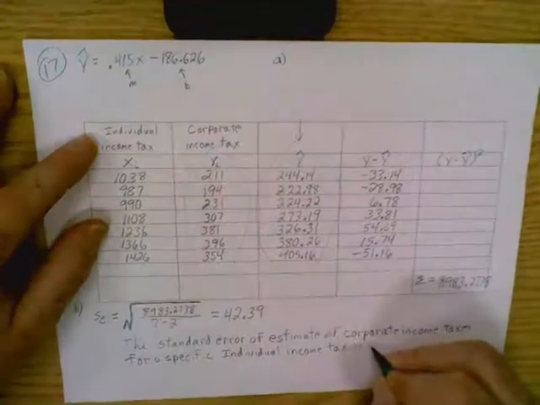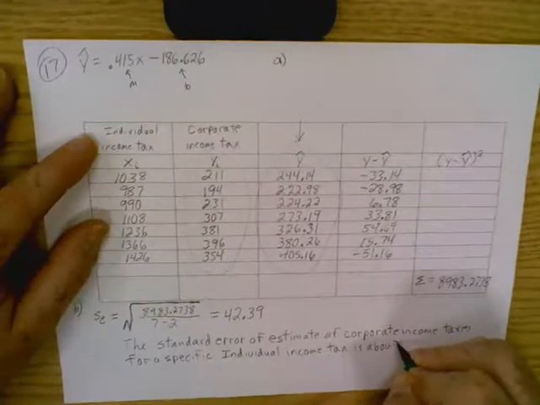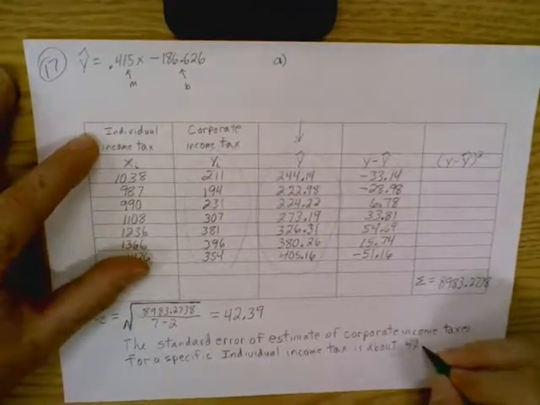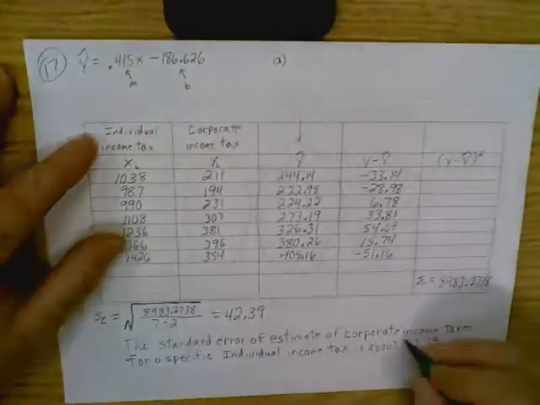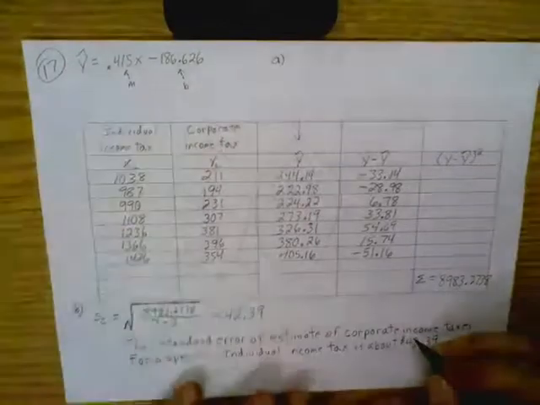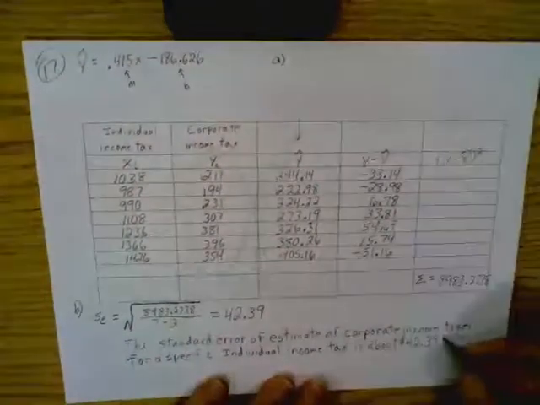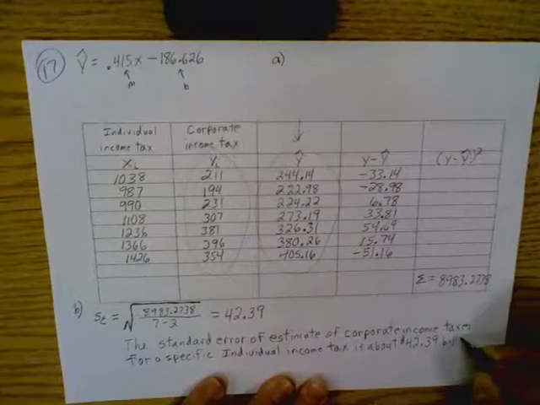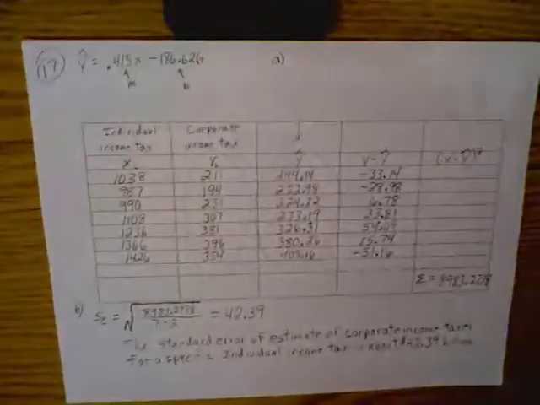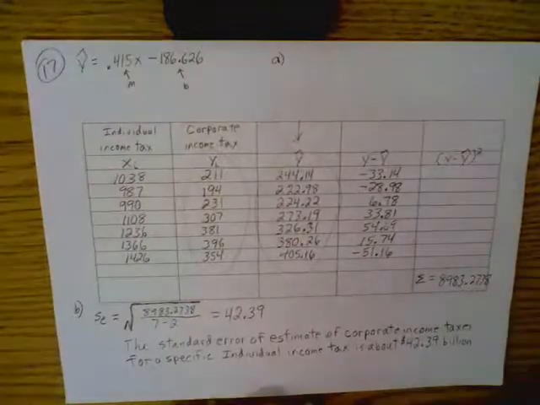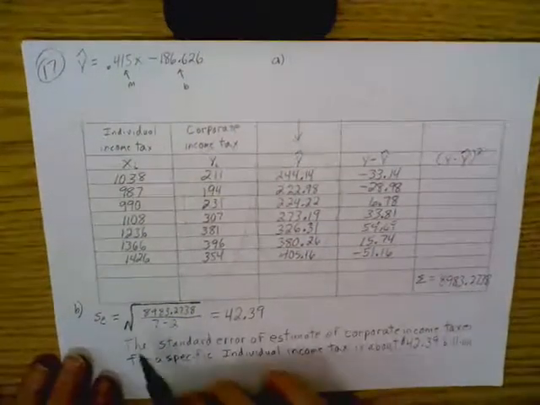Is about 42.39, and that's money, but it's in billions of dollars. Again, that's part B on this one.